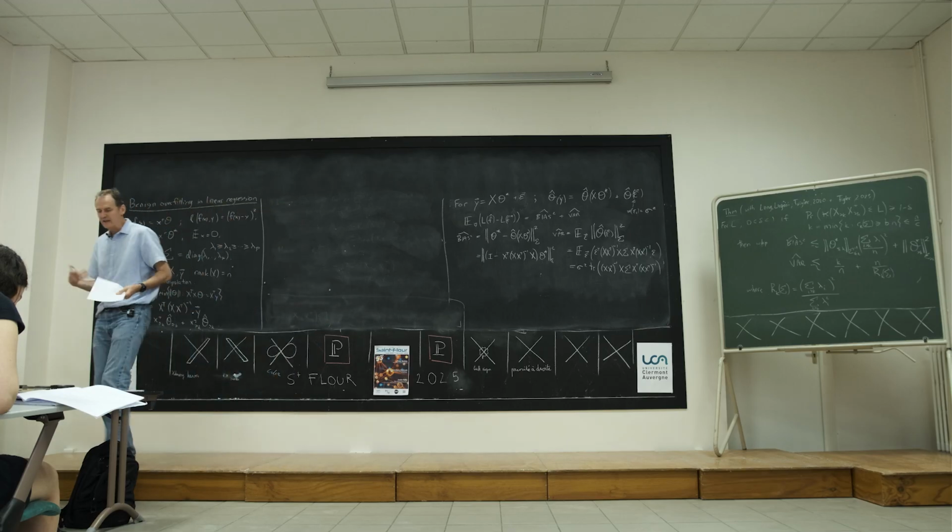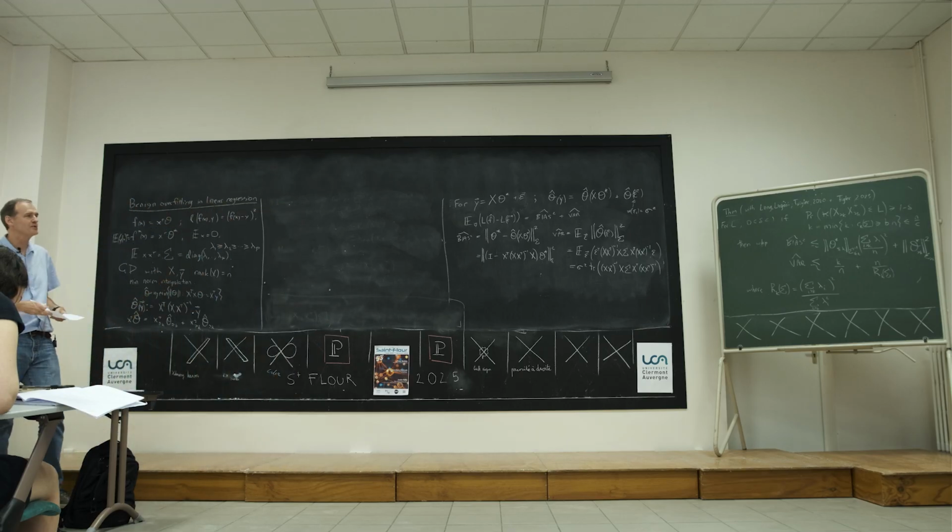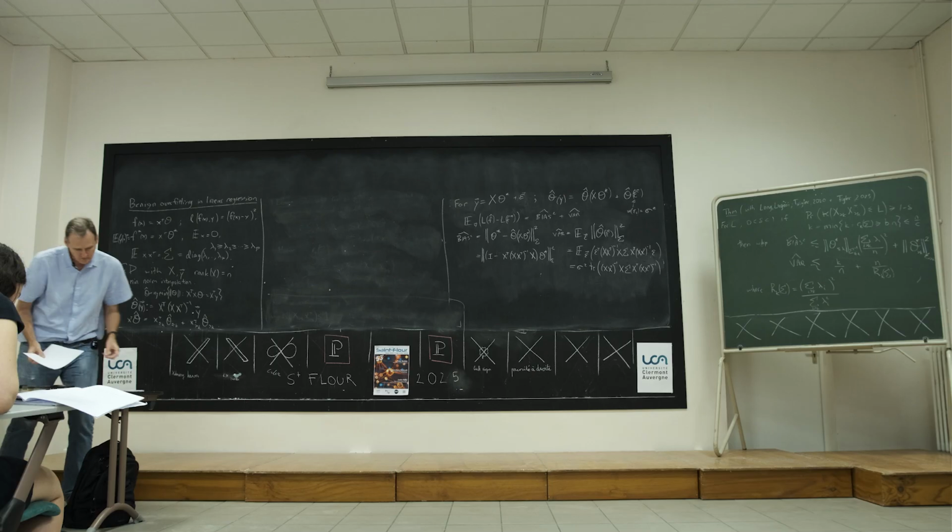So unless we impose some extra assumptions on the probability distribution, this is the best we can hope for up to constants.